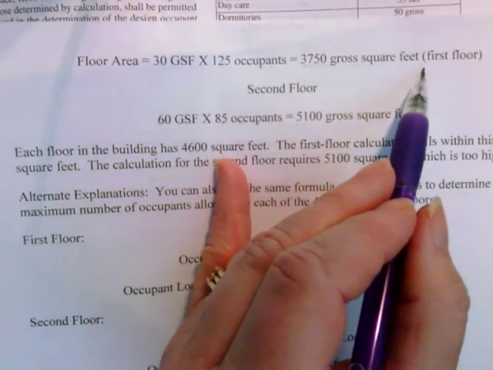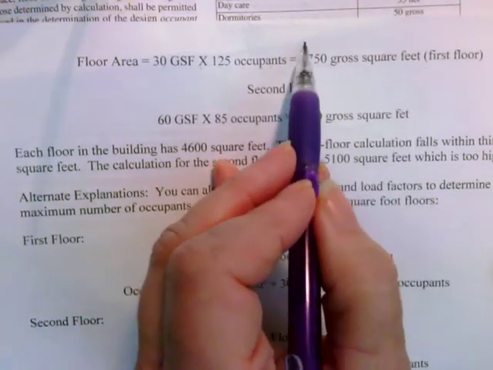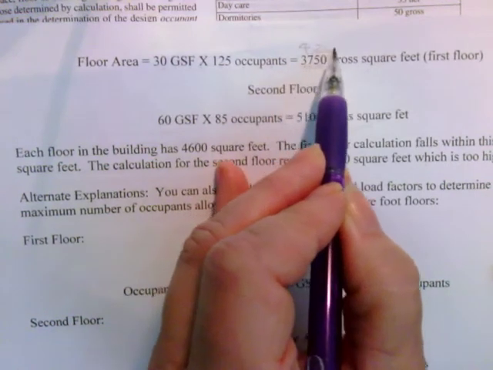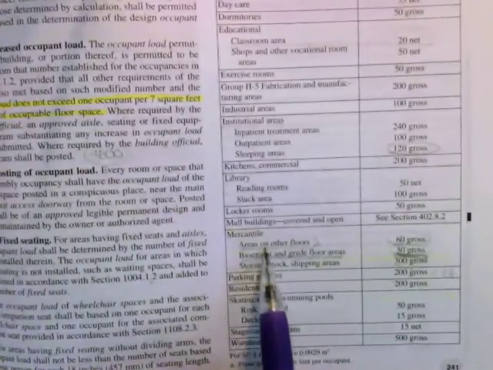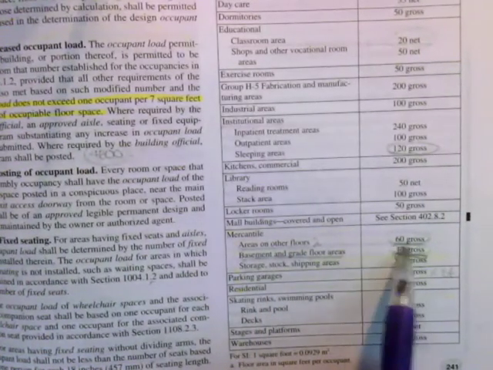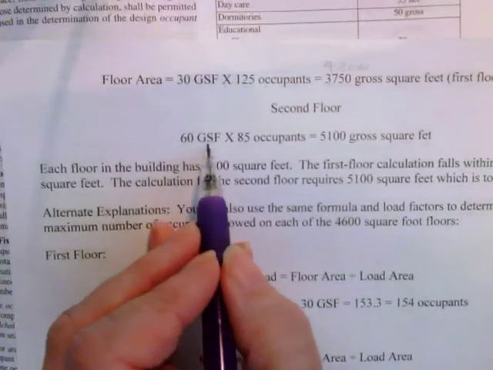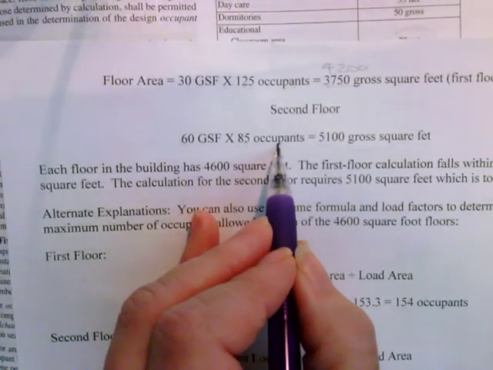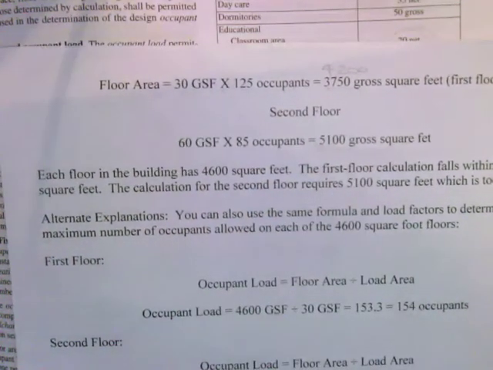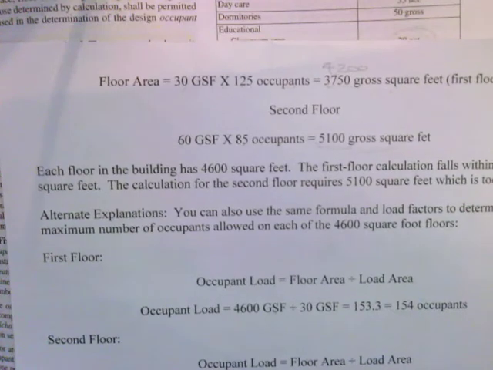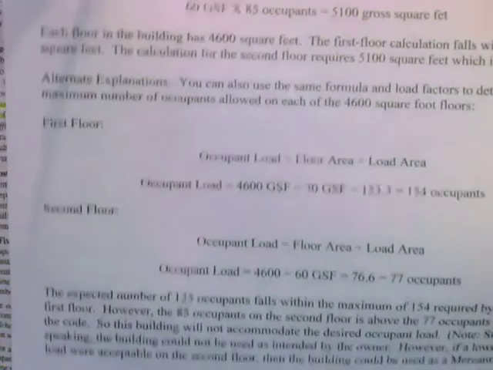That works perfect for the first floor because we have 4,200 square feet. But the second floor, if we look at the second floor, areas on other floors, we have to use 60 gross in our formula. So if we do 60 gross times 85 occupants, that comes up to 5,100. Well, that's larger than the area that we have. So how could we salvage this?